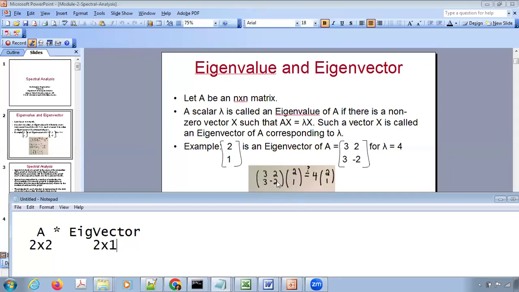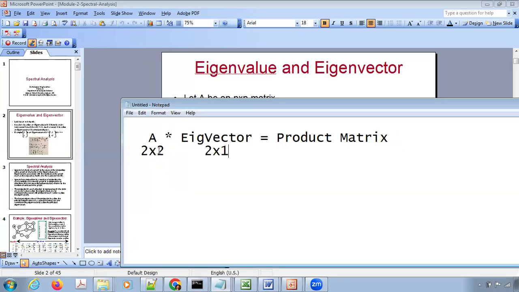The column vector has that many rows corresponding to the number of rows there, and that one column. That's why it's called a column vector, since it has one column. Now you can multiply them because the number of columns in the first matrix equals the number of rows in the second matrix. That's the common dimension. So the product matrix will be of dimension 2 by 1, where the 2 corresponds to the number of rows in the first matrix A, and the 1 corresponds to the number of columns in the second matrix.